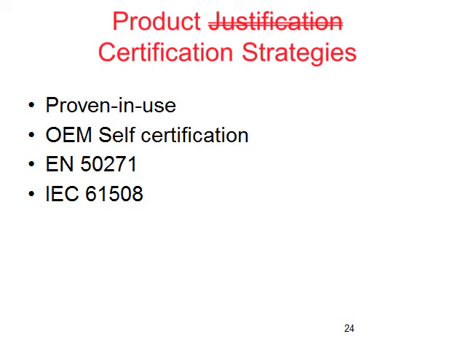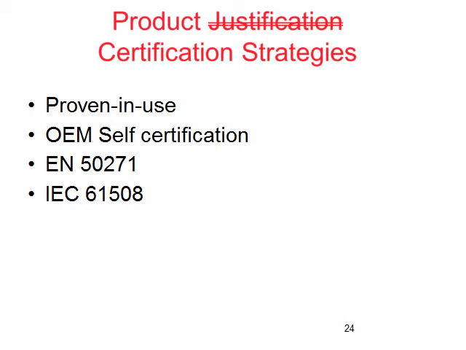But for gas analyzers, there's 4 general kind of paths that we've seen. First is proven in use. Second is OEM self-certification. Third is there's a European standard EN 50271. And then finally, IEC 61508. Now let's remember back to the requirement of IEC 61511 only gives us 2 paths.